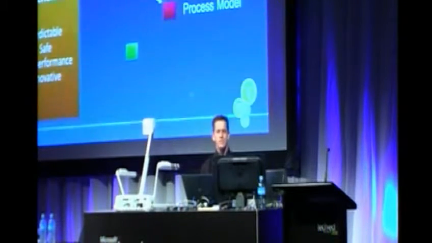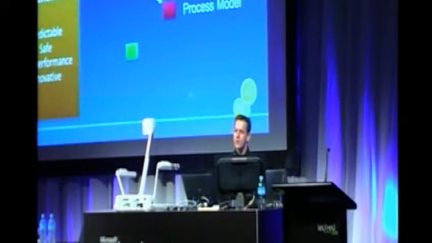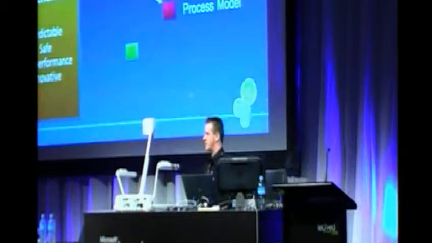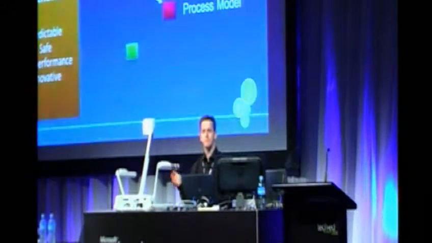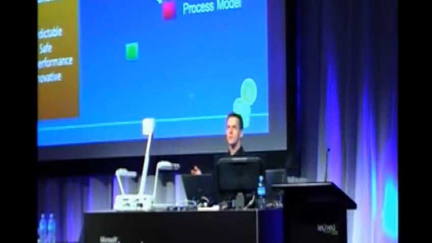The next is the process model that we have. On the phone, most things don't run in the background. So there are a few things that run in the background, like music playback, email syncing, and so on. But most applications are either running in the foreground or they're suspended. And I talk a lot more about this in my Building Applications for Windows Phone Part 2 tomorrow if you want to know more about the process model.